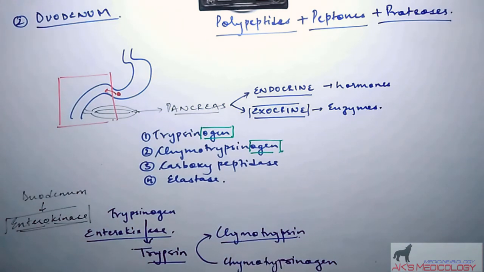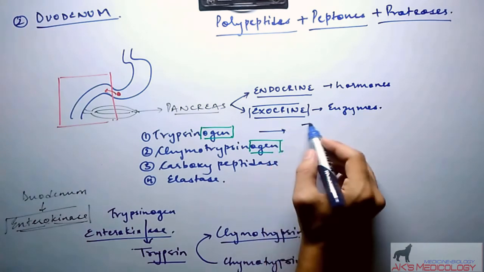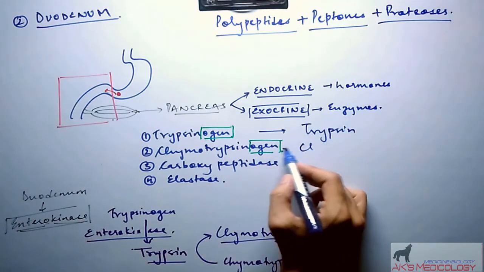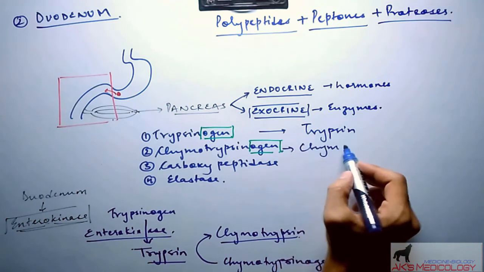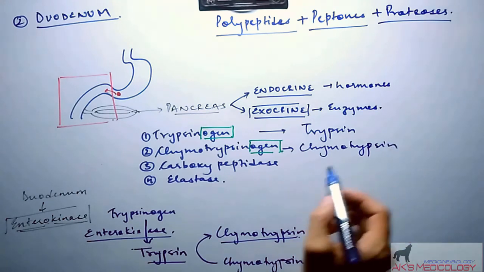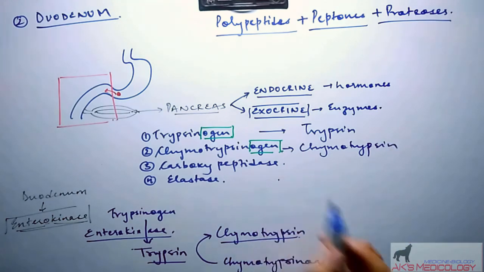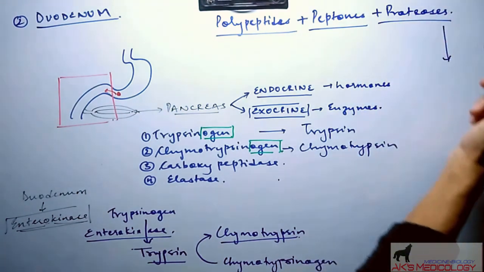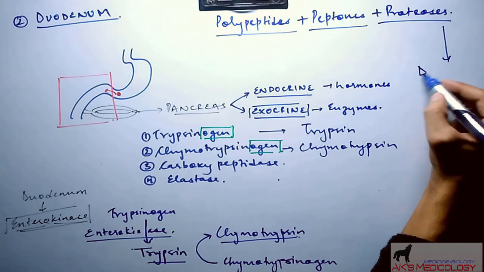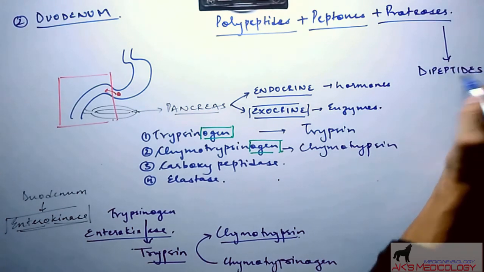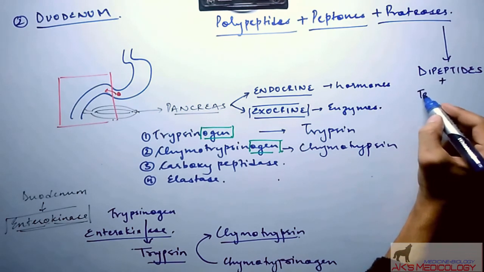Now, both these activated trypsin and chymotrypsin, along with carboxypeptidases and elastases, are responsible for the conversion of these polypeptides, peptones and proteoses into dipeptides and tripeptides.